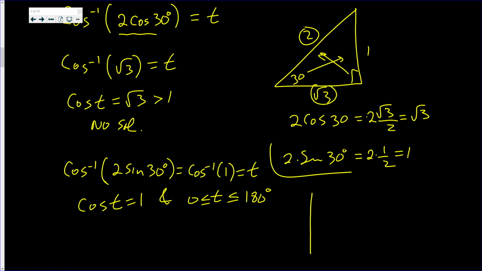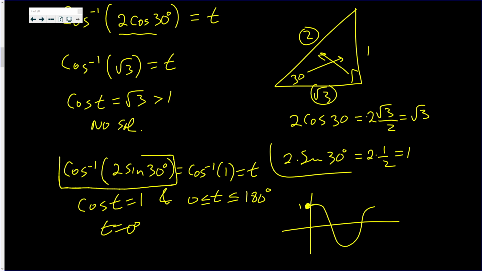Well, if you know the cosine graph, oh, it's 1 at the very beginning. So t is 0 degrees. The cosine of 0 degrees, which is 1, is 2 times sine of 30. But 2 times sine of 30 is also 1.